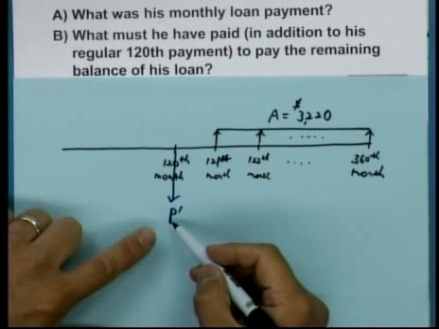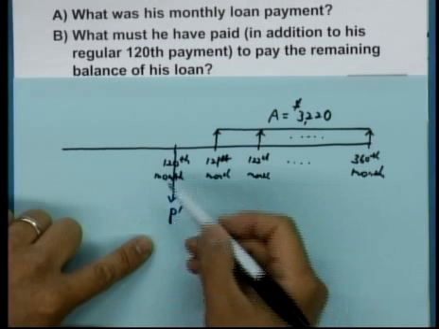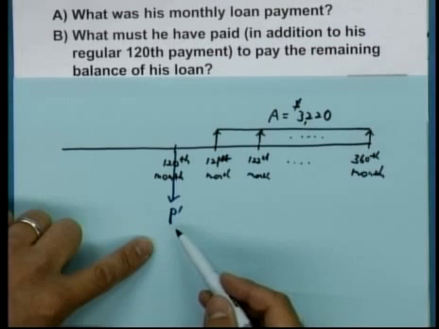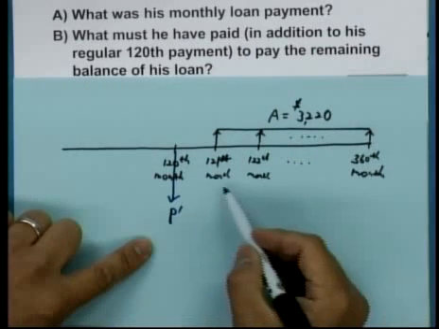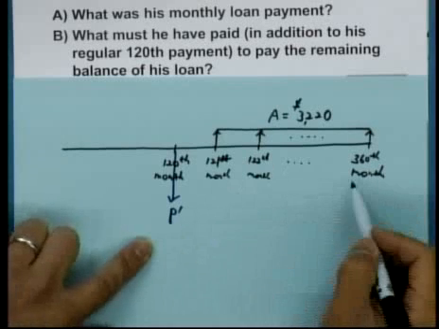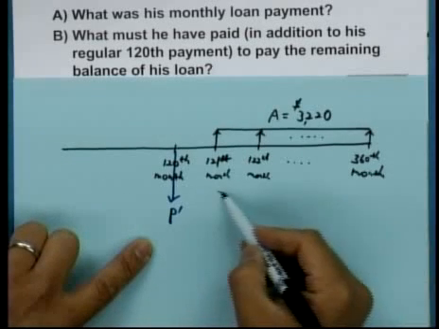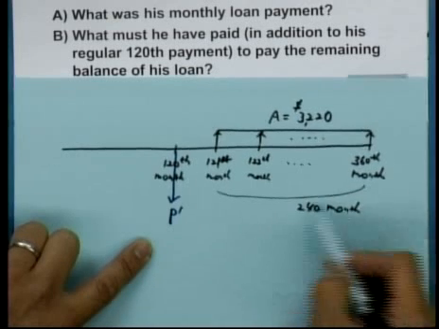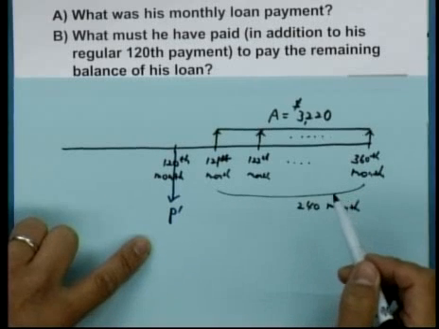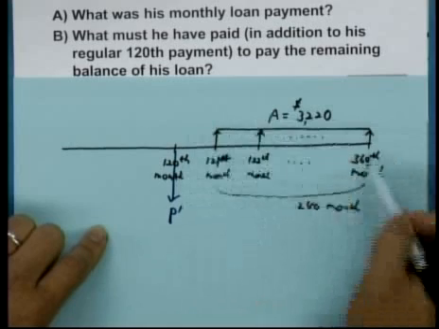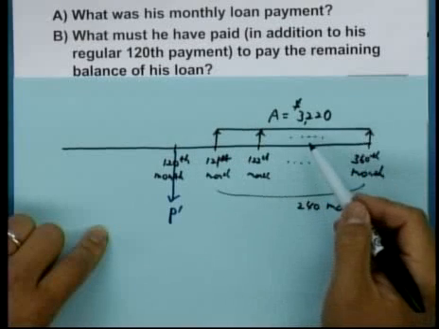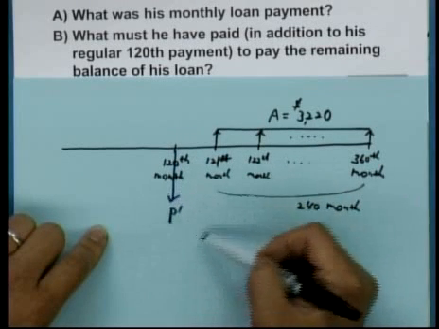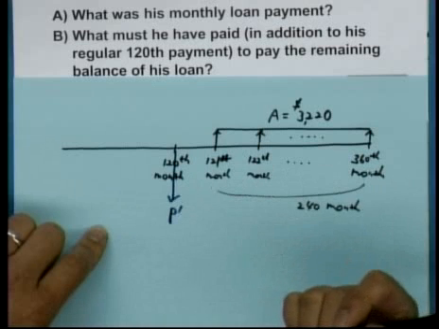Then these are the remaining balance of the loan after 120 payments. Is that correct? So we need to convert this uniform series of how many payments is that? And there are 240 payments, right? Because there are 240 months. So we need to convert this uniform series of 240 payments to an equivalent single payment at the end of 120th month. Is that correct?